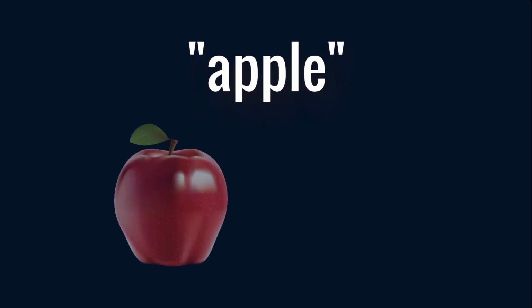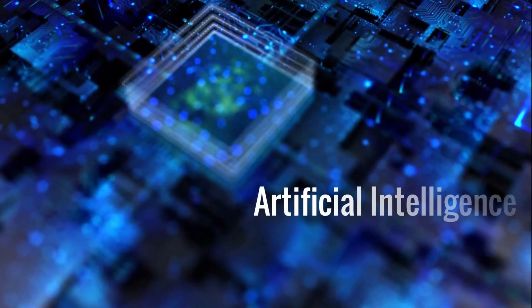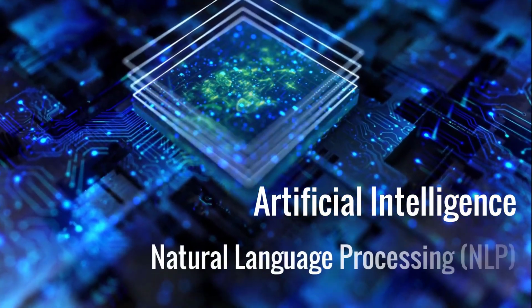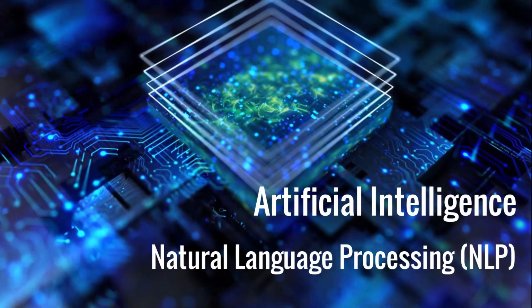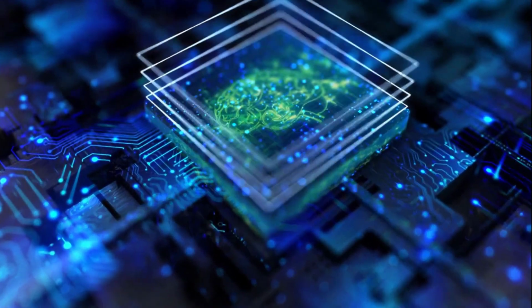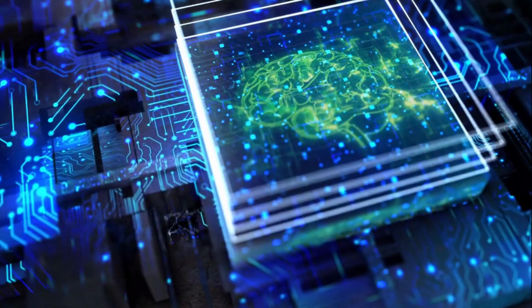For example, the word apple can be related to the fruit itself, or the tech corporation that created the iPhone. This semantic technology can be combined with artificial intelligence, more precisely with natural language processing, or NLP, to make computers able to understand humans. Semantic technology is using artificial intelligence and machine learning to analyze text and associate meaning to words.